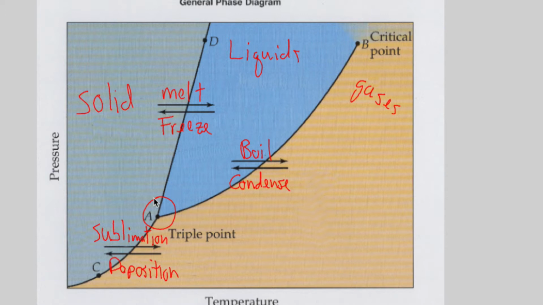The triple point is defined as the temperature-pressure combination where all 3 phases of a substance are in equilibrium. Let me say that again. It's the temperature-pressure combination where all 3 phases are in equilibrium.